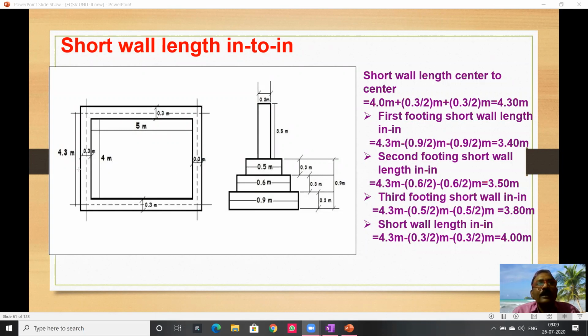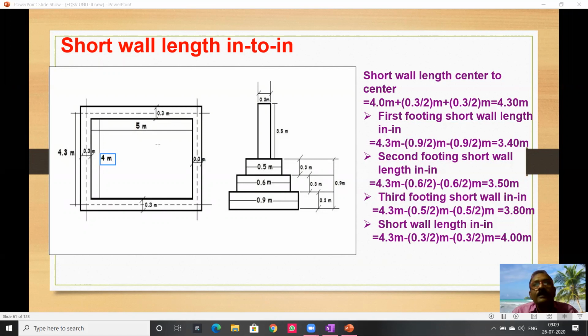If you look at this plan, what you are observing here, there are two short walls of clear span 4 meters. So in the problem, when you are going to solve, what is the first step you have to do?